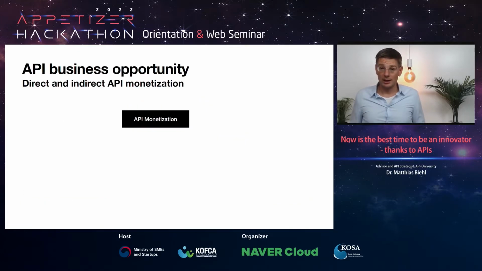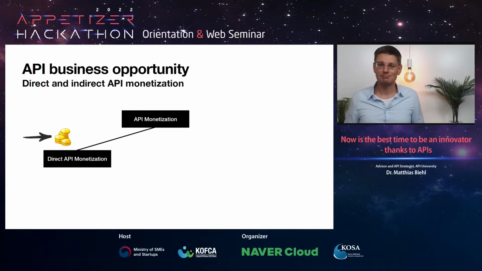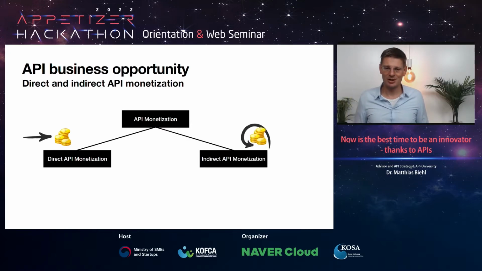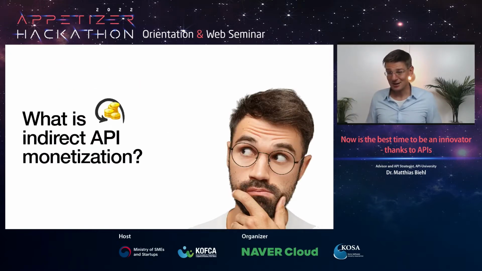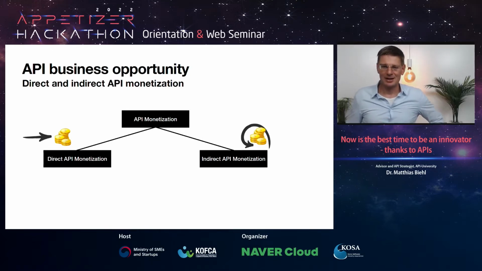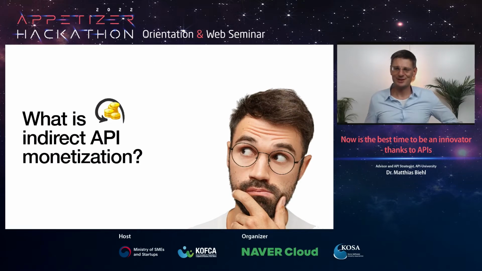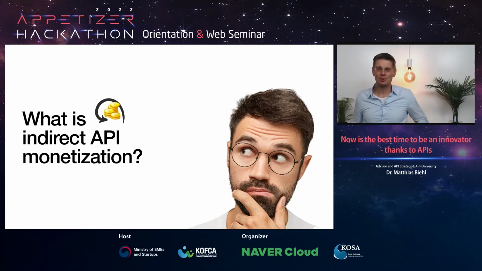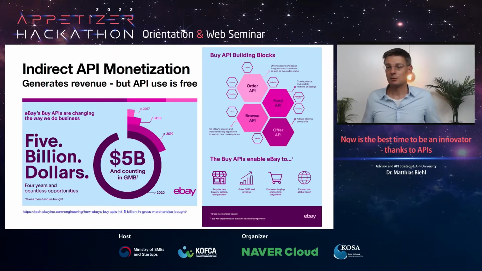But it's only one way. It's the way that most people think of it, but there's more. There's indirect API monetization, and indirect API monetization is actually used much more than people think. One company that's really good at indirect API monetization that you probably know is eBay. eBay is a marketplace for used goods, second-hand goods, international, big in the US, right?